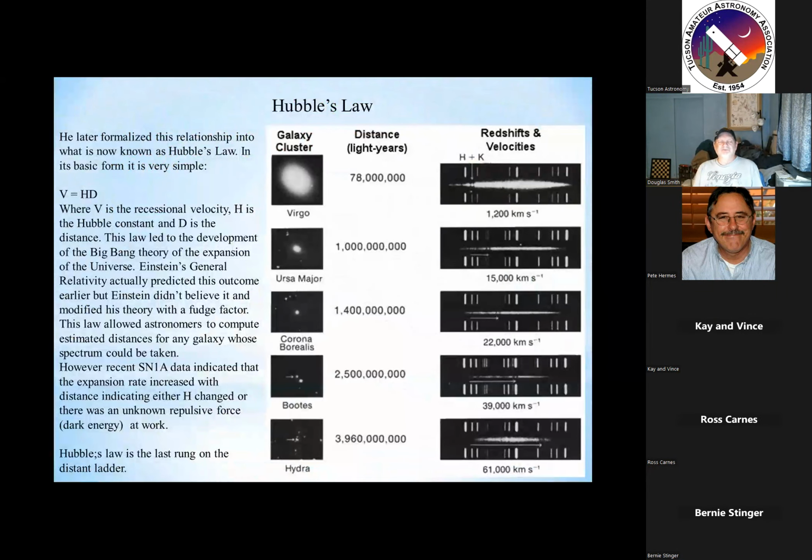I've seen Z quoted as distance figures to obviously distant objects. Well, if you look at this relationship, velocity equals H times d, that's a pretty basic relationship, and the Z is the redshift, right? So that's going to have a direct relationship with the V. I've never seen a chart that had Z and light years related to each other.